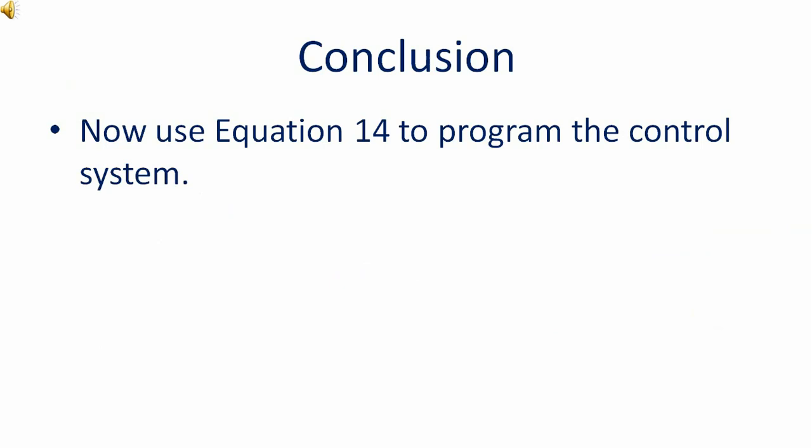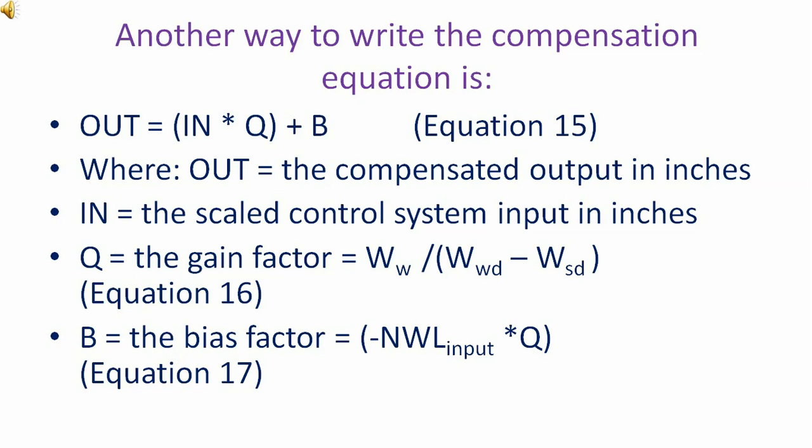Conclusion. Now use equation 14 to program the control system. Another way to write the compensation equation is out equal to in multiplied by Q plus P, equation 15, where out equal to the compensated output in inches.